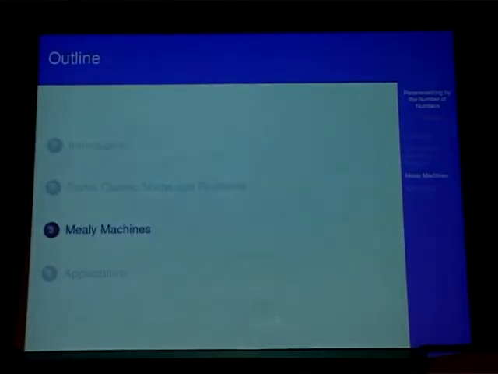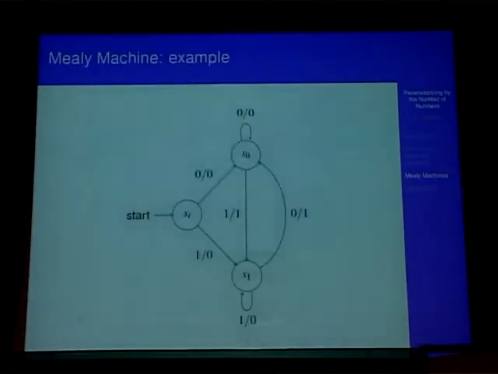Now we want to get deeper into this parameterization, and so we thought about some more meta problems that capture a lot of numerical problems. So I introduce Mealy machines, and then we'll see some problems about Mealy machines that are, we think, widely applicable to numerical problems.